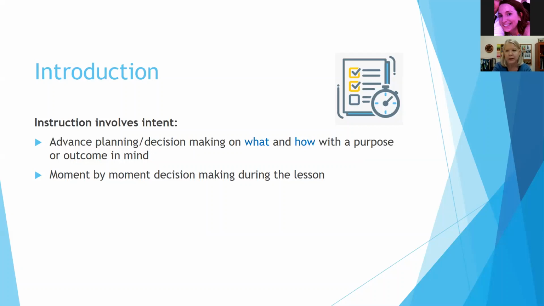My decisions, either in advance or at the moment, reflect fundamentally what I believe about language teaching and learning. And I also have thought about this for a long time, that they send a message to my students. What I'm doing actually sends a message about what I believe about them and how they're able to learn. So that's just something to consider.